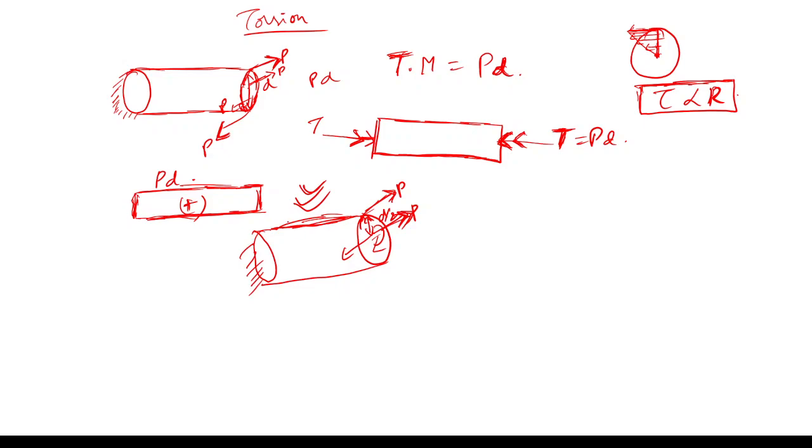At the fixed bottom point you will have one shear reaction, which is P, as well as a moment reaction P into L, imagining the total length as L. And due to the twisting moment P into D by 2, you will have a twisting moment reaction equal to P into D by 2.